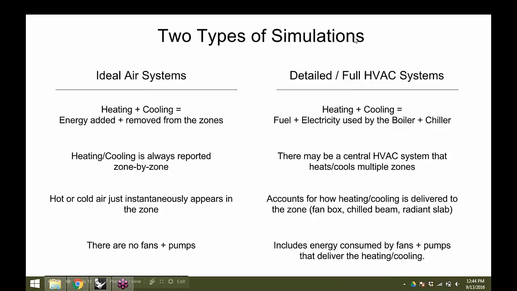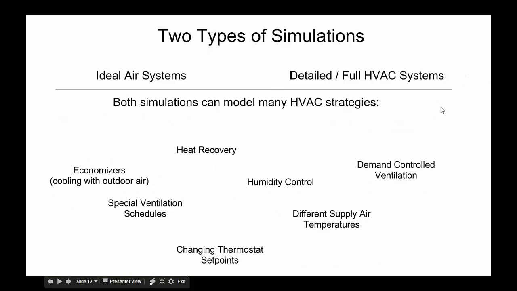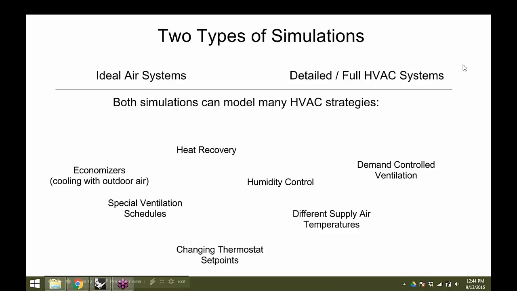And vice versa, there may be some people, especially if you're coming from an engineering background, who have never built a model with ideal air systems, because every model you've built has a full HVAC system, and you might not see that there are sometimes some benefits, especially in terms of visualizing some things, with running ideal air systems. So just to explain quickly what you can and cannot do with each.